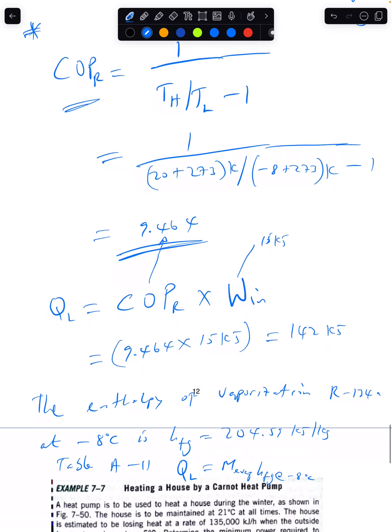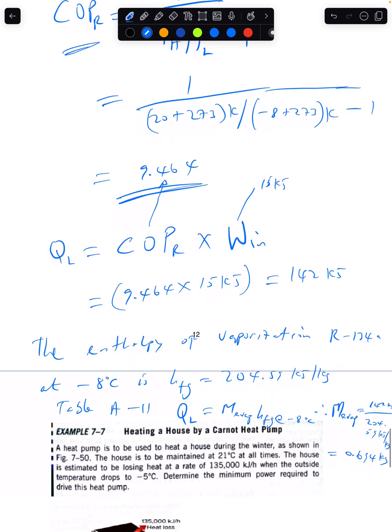Therefore the mass of vapor is 142 kilojoules over the enthalpy, 204.59 kilojoules per kilogram, and this value becomes 0.694 kilogram.